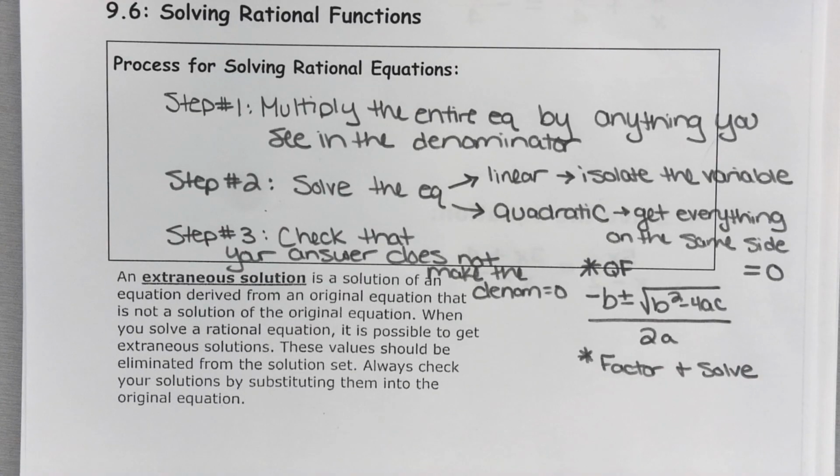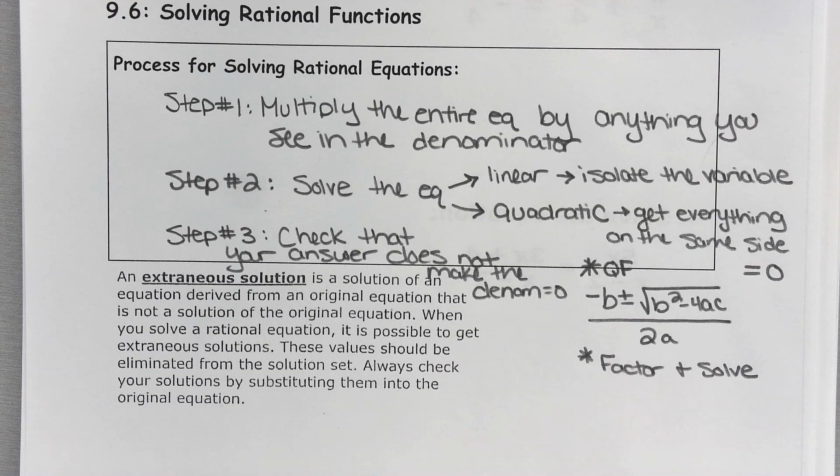Do you remember me saying this word to you before, this extraneous roots word? So extraneous roots are when you do everything correct. All your math is correct, all your steps are correct, your process is correct, all the things. So it's when you do all the steps correct, and then when you plug your answer in, it doesn't actually work.